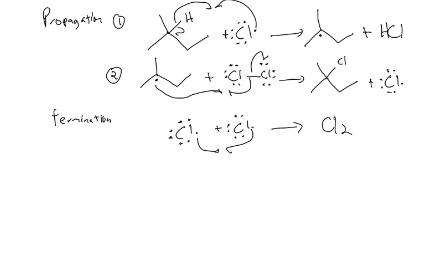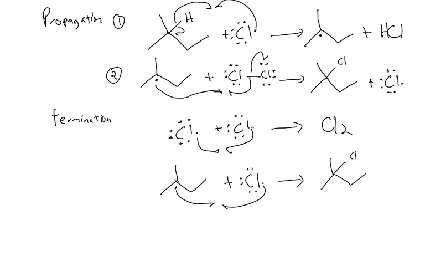Or another possible termination step would be if this radical combines with a chlorine radical, and this would form our product, but it would also be a termination step because we're not producing any radicals.